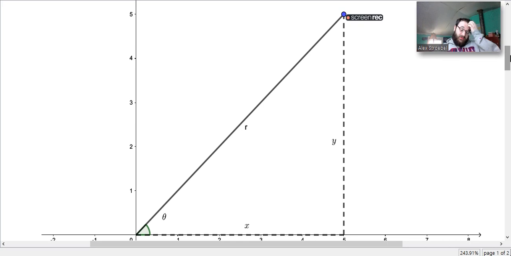The conversion from r and theta to x and y comes directly from this picture.